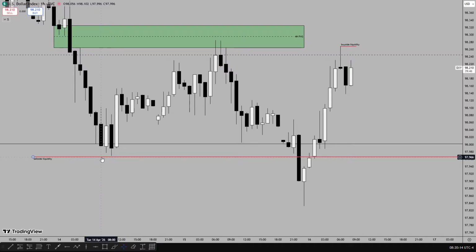I took a trade on Euro USD. Sorry, I took a buy on Euro USD in price trading higher. The dollar index is actually a sell, but I don't trade the dollar index directly.